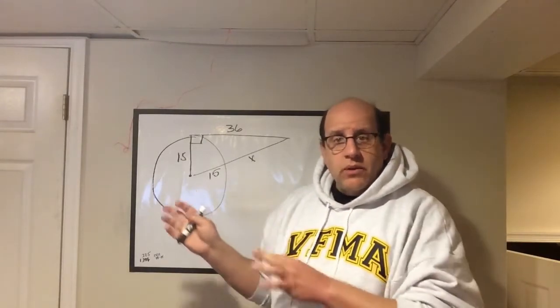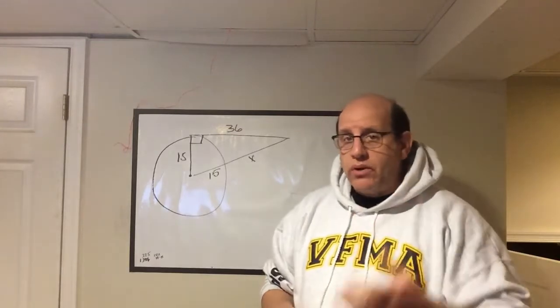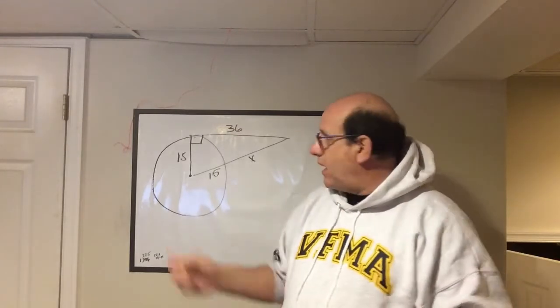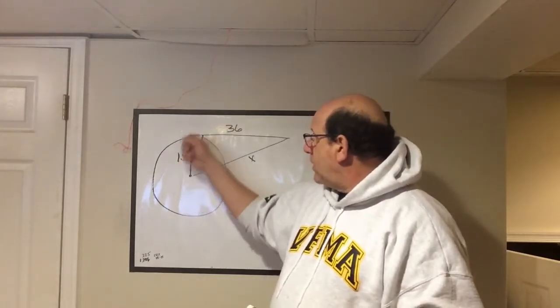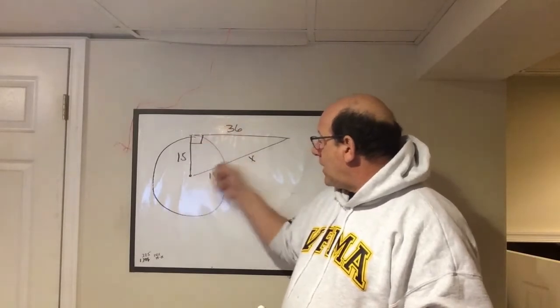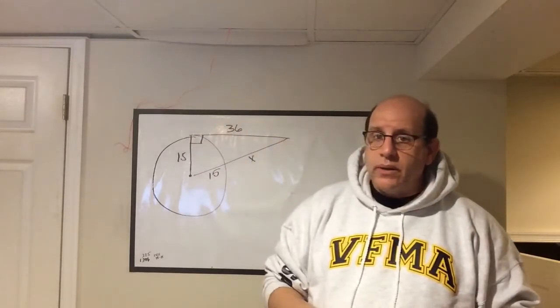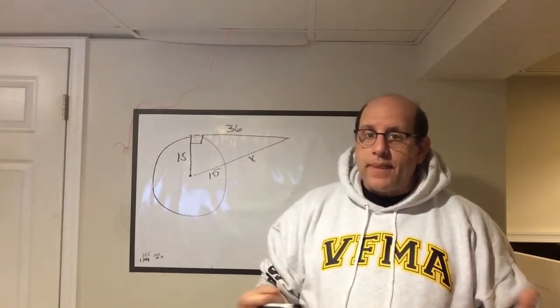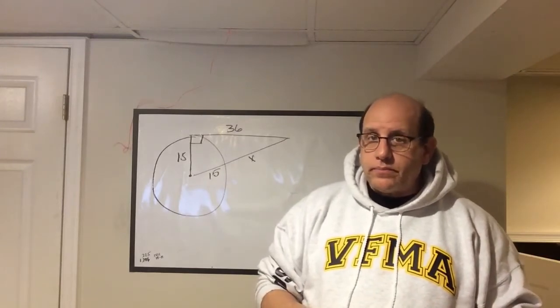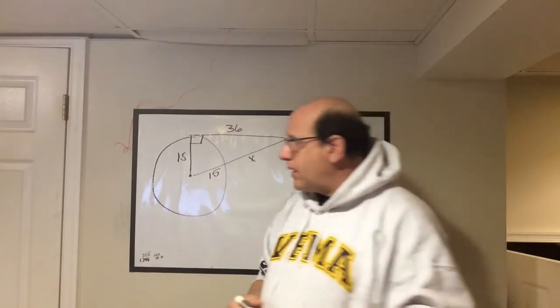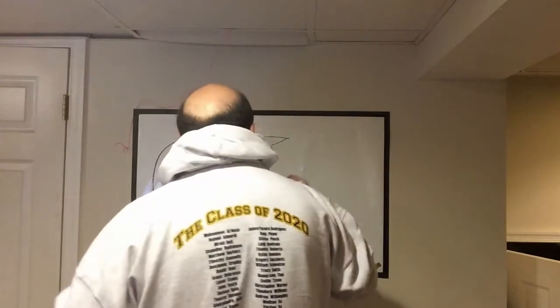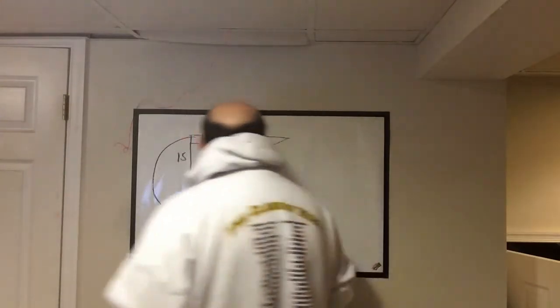I'm going to do the math for this, but you already know the Pythagorean theorem. Your leg squared plus your leg squared equals the hypotenuse squared. I think some of you have a problem setting it up, but I'm going to write it out.